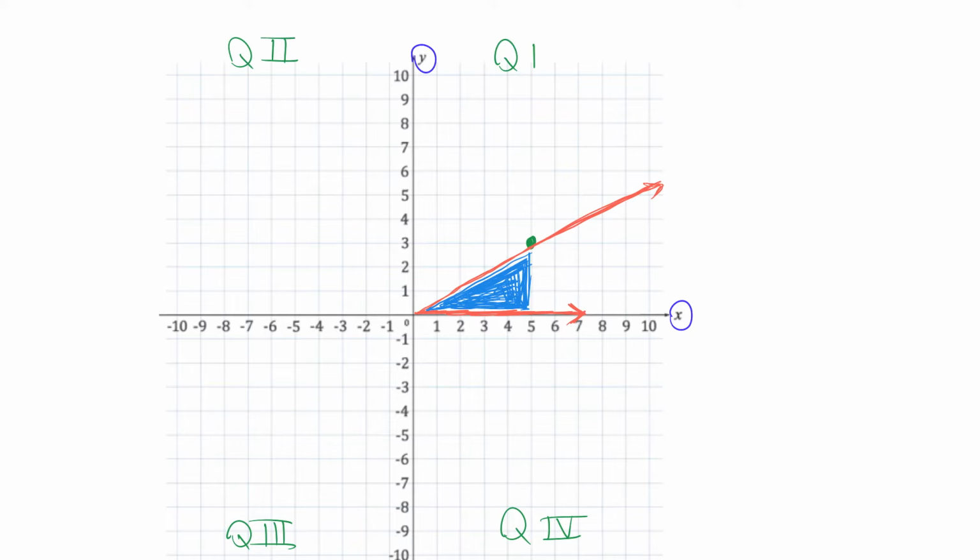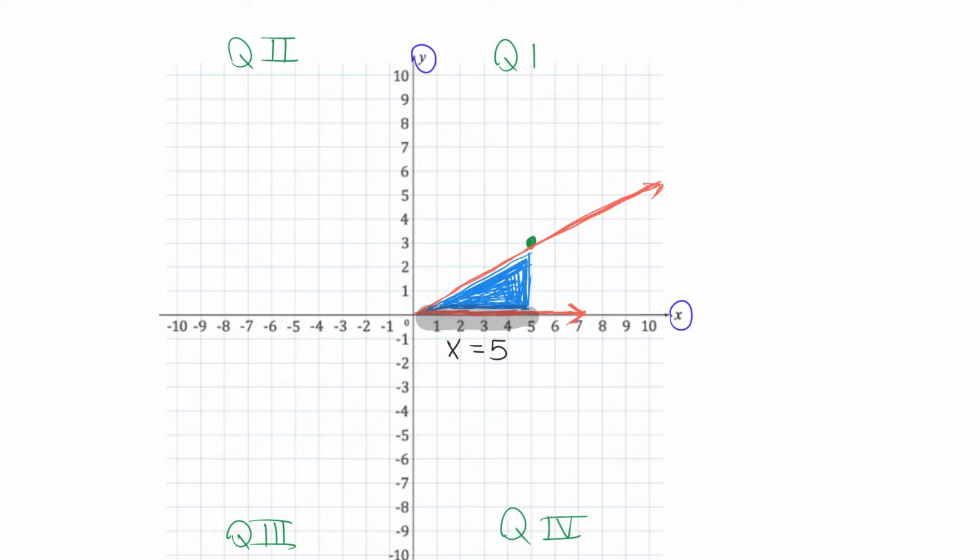So let's talk about it in terms of a graph. If I was to look at the bottom side of the triangle right here, that's in a graph an x value, right? And how many x's? Like what's my x here? It's 5. So the length of my triangle is 5.